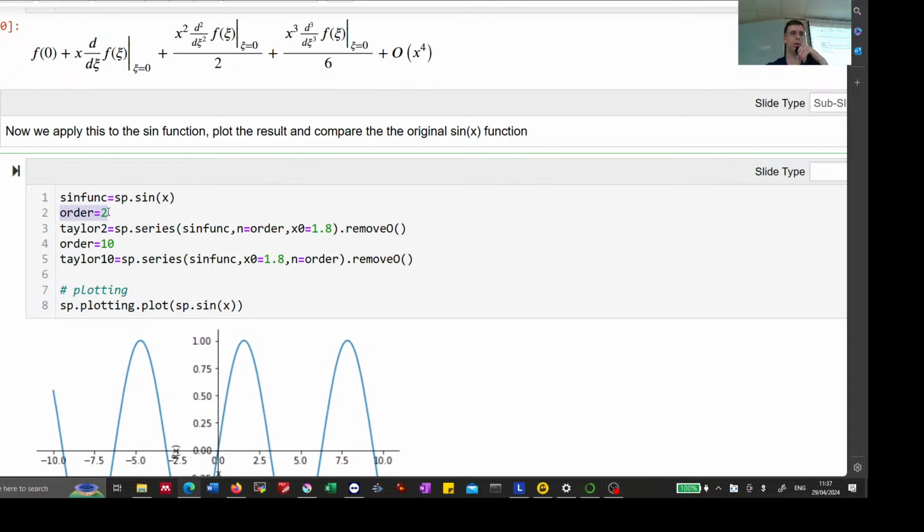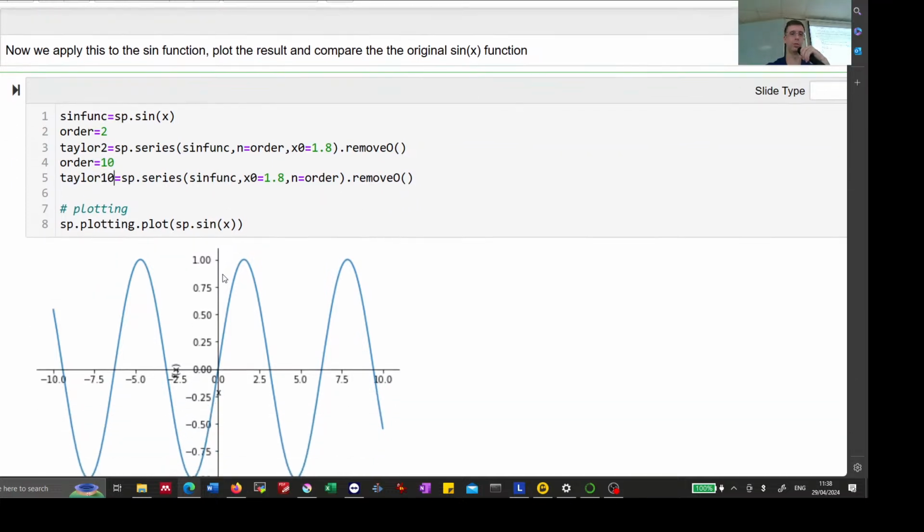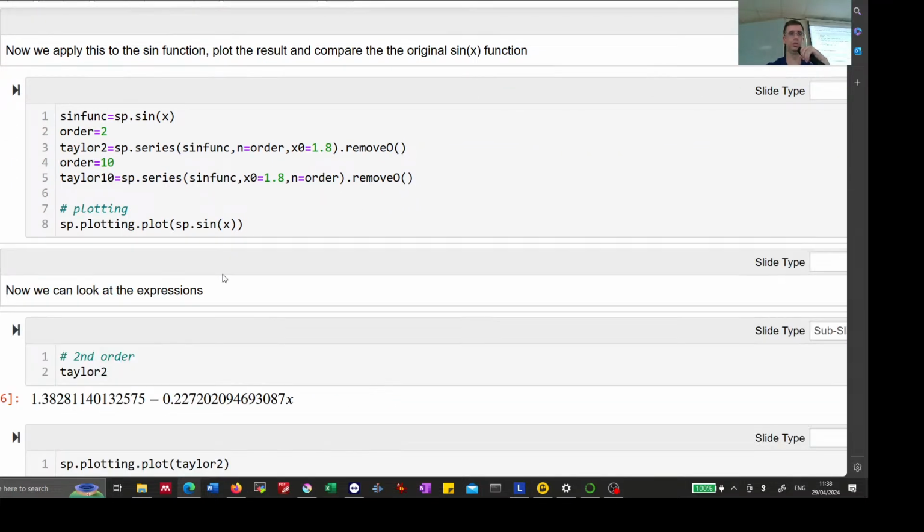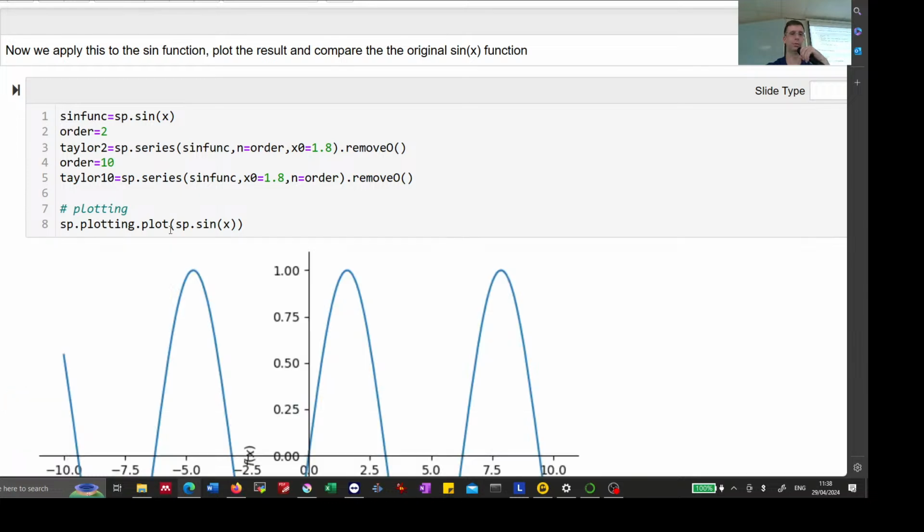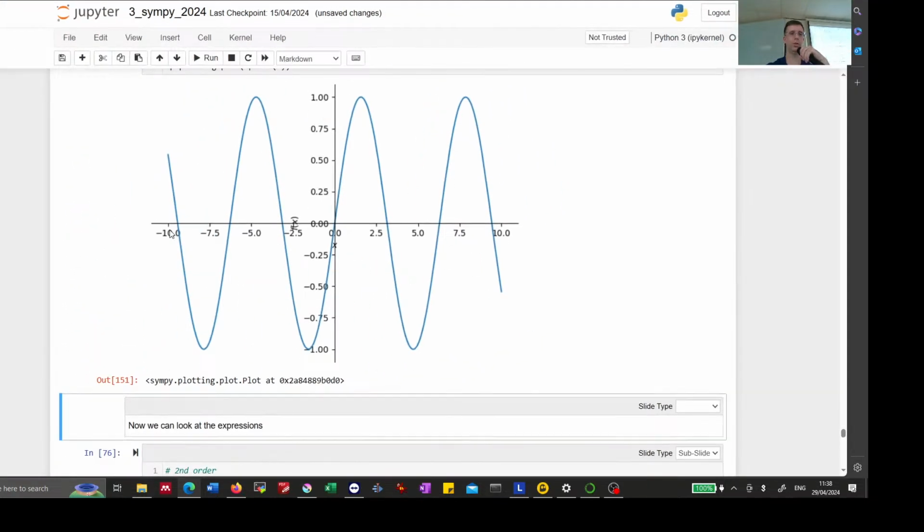Then we have an order 2, and we have a Taylor object that takes the result of the series on my sine function. Order is given here as 2. The point of interest is now 1.8 for whatever reason. And we apply the remove to remove the higher order terms. And then the same thing again with another value of number of polynomials. But we execute and we plot the sine function. So far, so good.